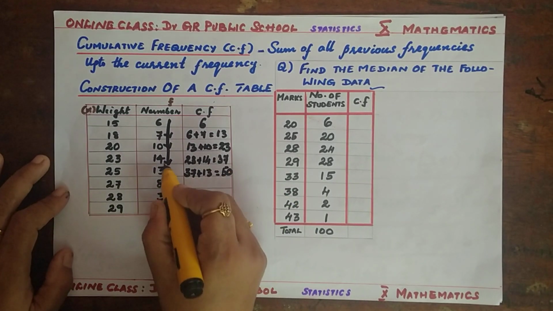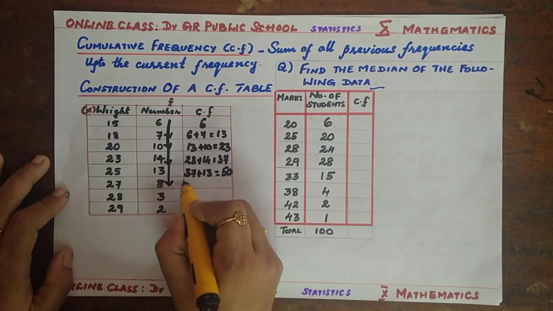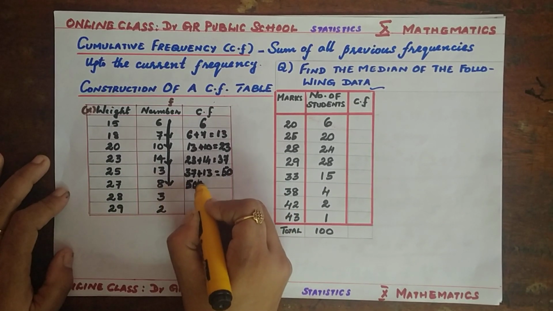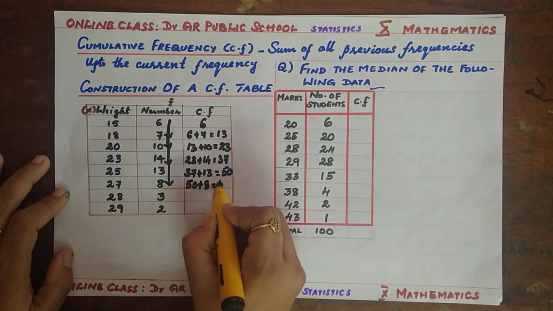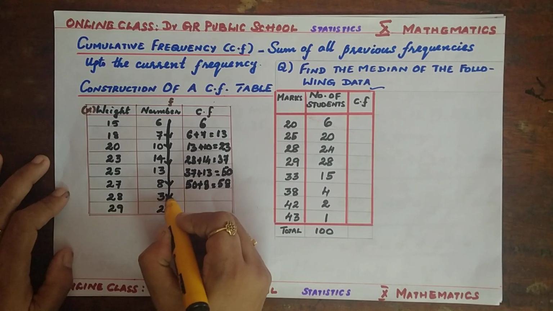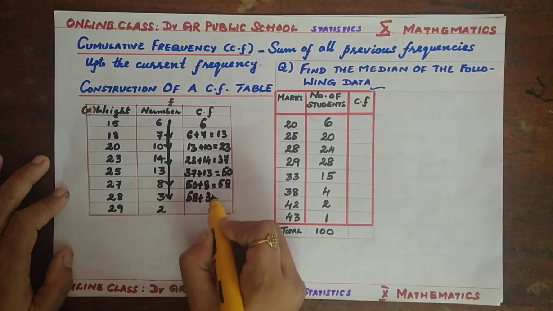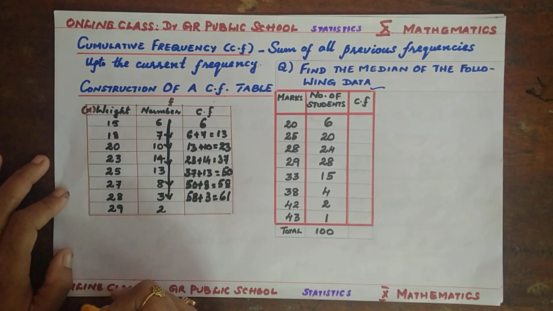And next, up to 8 you need to add. So 50 plus 8, that is 58. Next, up to 3 you need to add, that is 58 plus 3, which is 61.